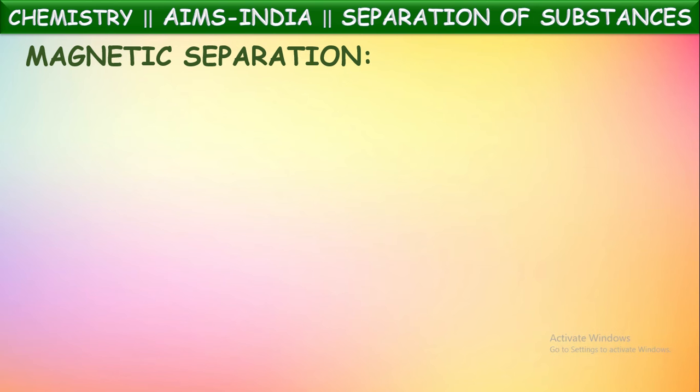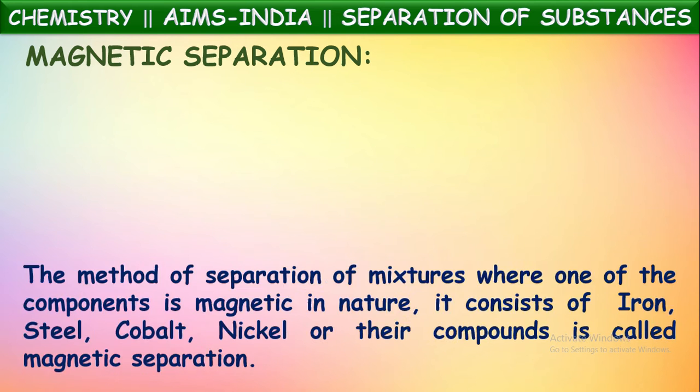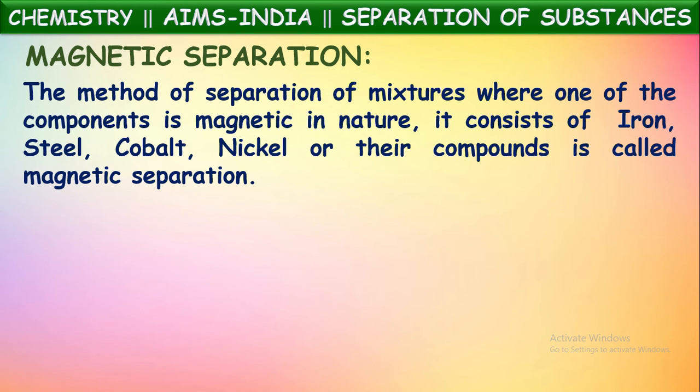Next technique, magnetic separation. This is the method of separation of mixtures where one of the components is magnetic in nature. It consists of either iron, steel, cobalt, nickel, or any other compounds of those substances which are magnetic in nature. In the magnetic separation technique we can separate the magnetic compounds from the non-magnetic substances. Magnetic compounds means what?